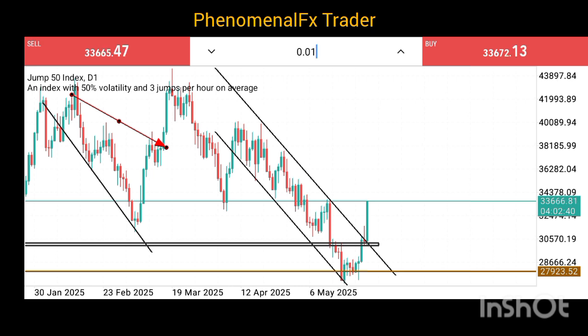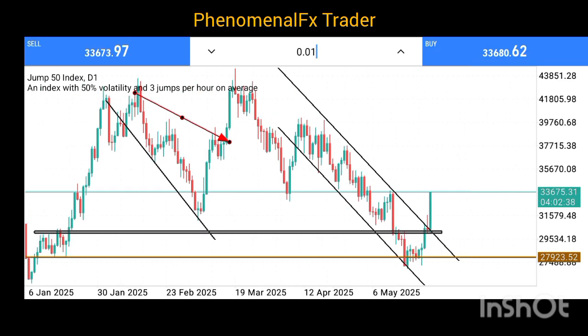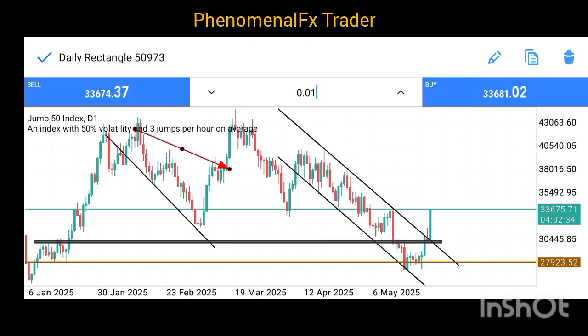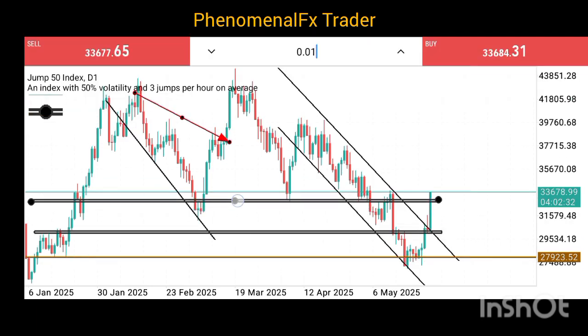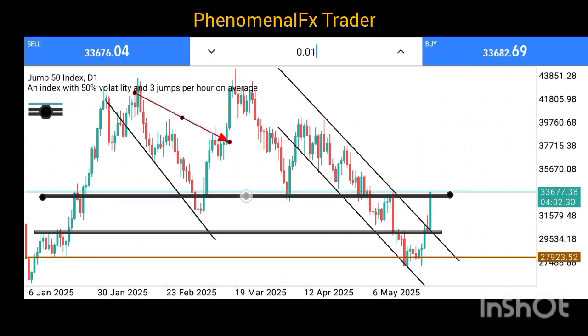So now the market is actually at another zone, a zone that looks and appears very strong too. So we have to duplicate this horizontal rectangle to mark this zone right here. As we mark this zone, what we want to see is the daily candlestick closing above this zone.